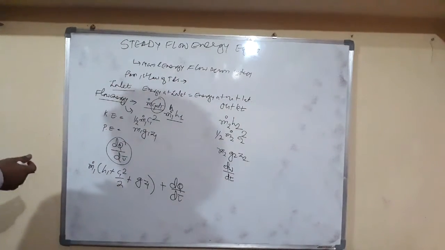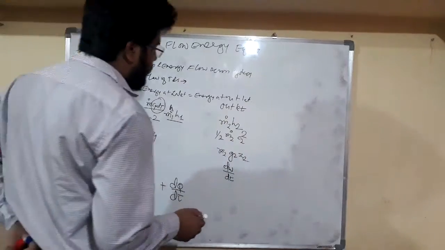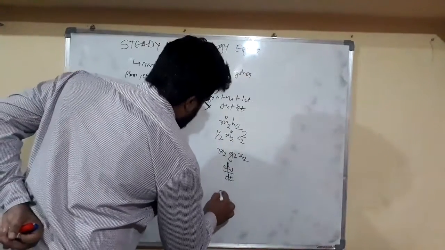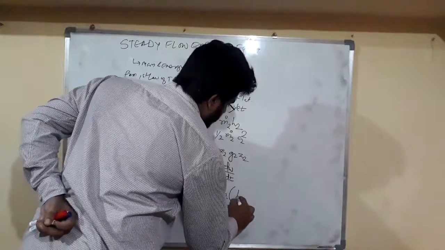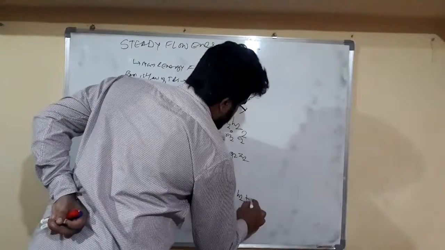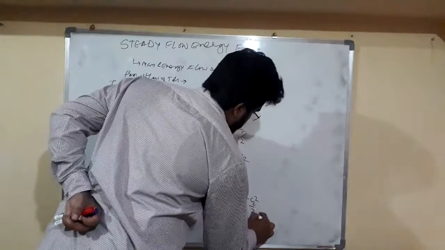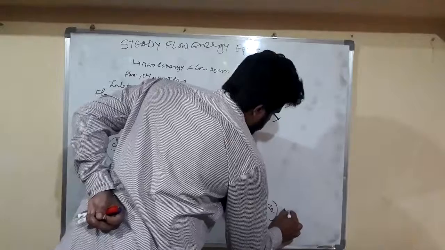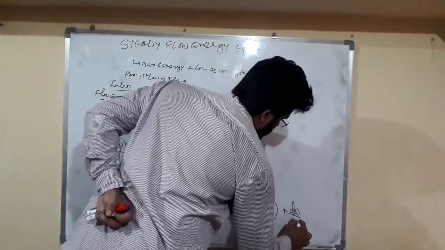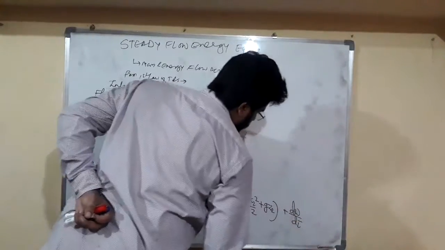Friends, this is the energy at inlet. And what is the energy at outlet, friends? Mass m2 is taken constant, so it becomes m2 (h2 plus C2 square upon 2 plus g Z2), and here transfer of work from 1 to 2, dW upon d tau.